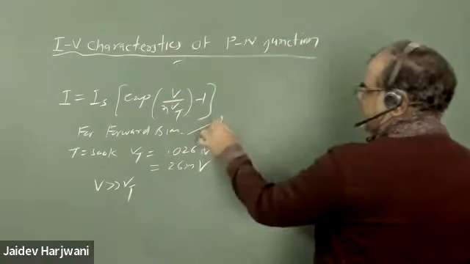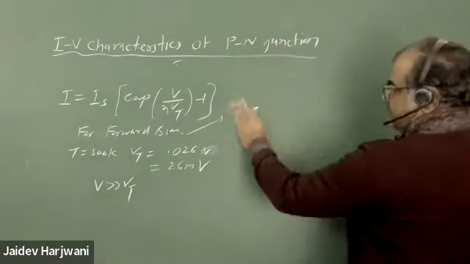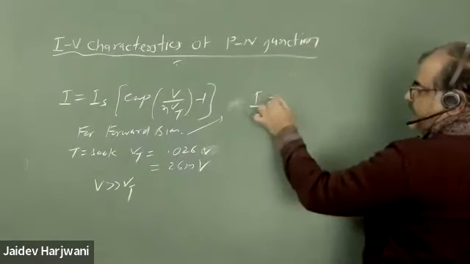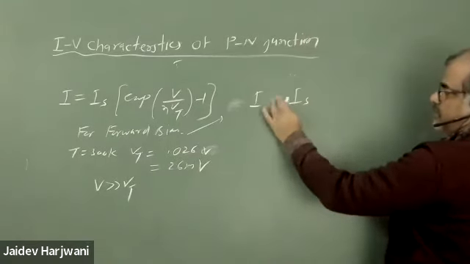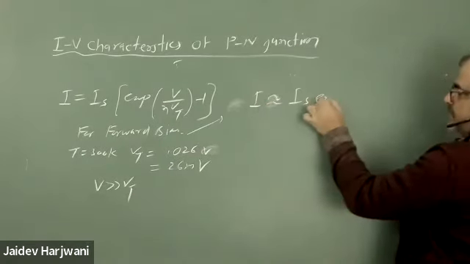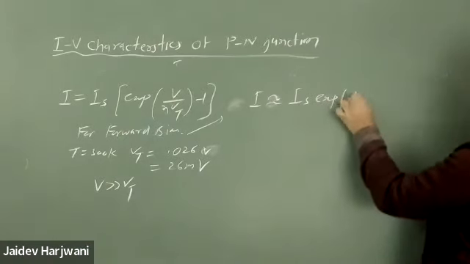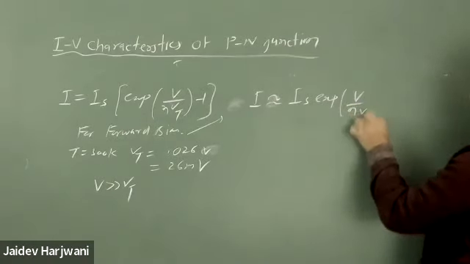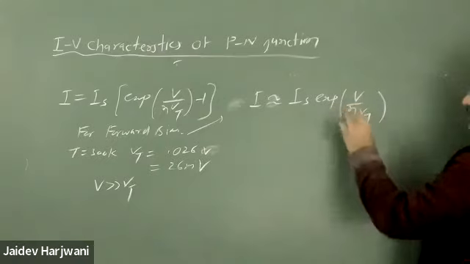For forward bias I can write I equals IS exponential V upon eta VT.